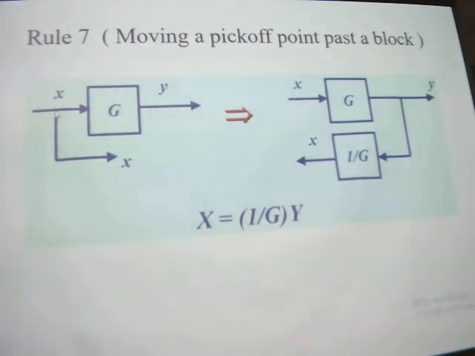If it moves past this block, then at this pickoff point the value is now y, and the output is y. So we should add a block 1 over g to make its output x. Make this output the same. The output does not change.